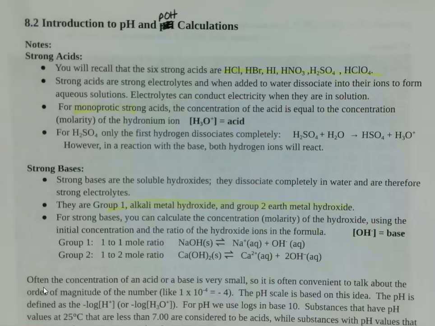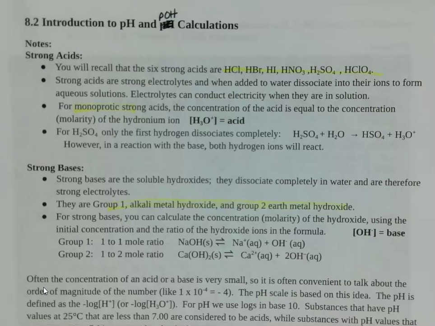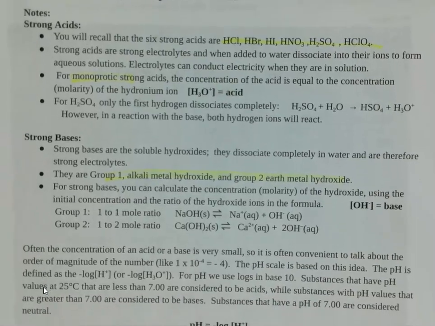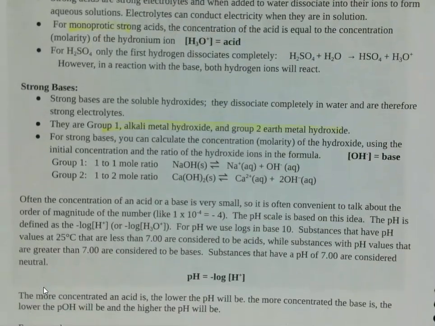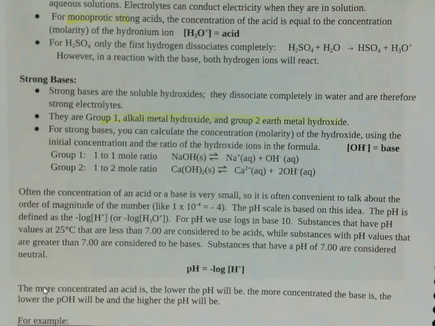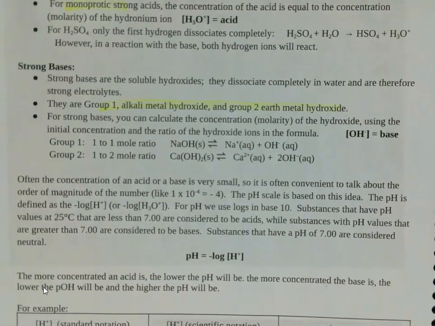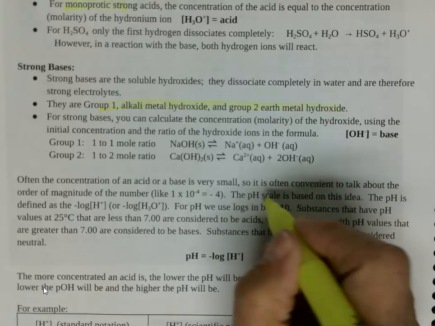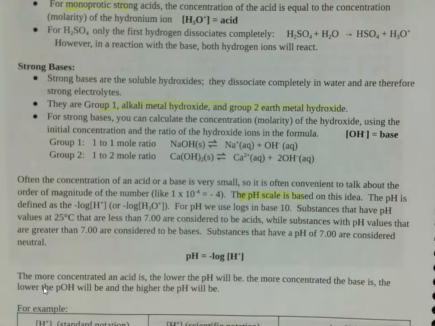So one of the things that we will talk about, and again we can go into more detail in class, is that when we're doing the concentration of your acid, we use the concentration to find the pH.